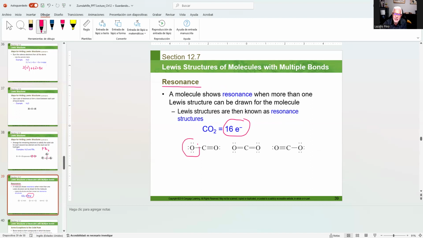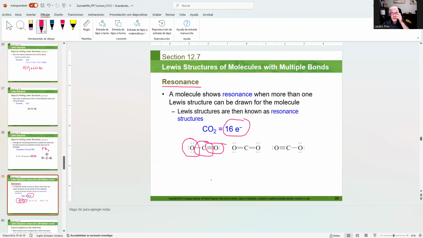Well, you have the octet here. Then you have 2, 4, 6, and this 8. Then this carbon gets the octet rule too. And in this case, oxygen, as you can see, has also the octet rule.